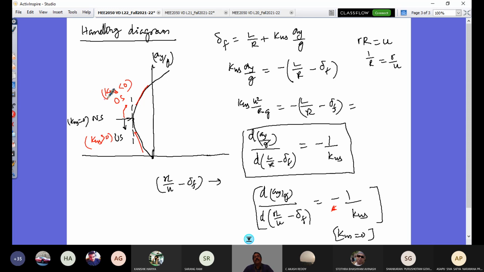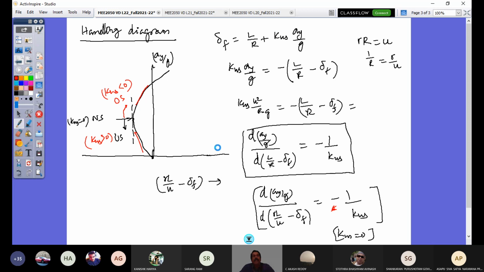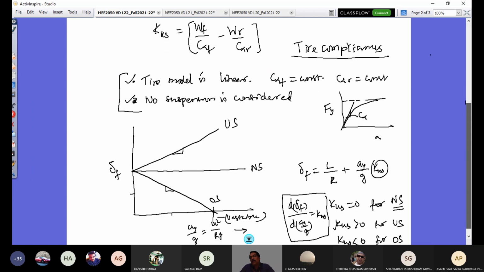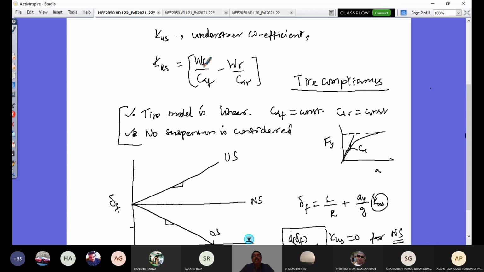Why? Because K_US is no longer constant. When I consider K_US constant, my diagram happens to be a straight line. That is because K_US is dictated by front tire compliance and rear tire compliance only, where C alpha is constant, and there is no suspension, so there is no lateral load transfer as long as I drive my vehicle at constant speed.